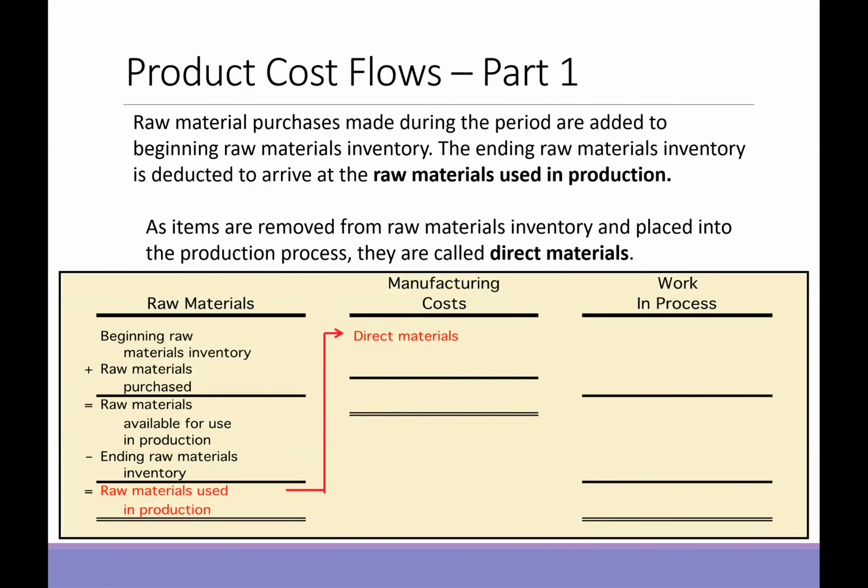So again, we take the raw materials, and the way we break them down, we've got a beginning balance. We add purchases. The beginning balance plus the purchases are what's available. The raw materials available minus our ending inventory is what's sent into production.